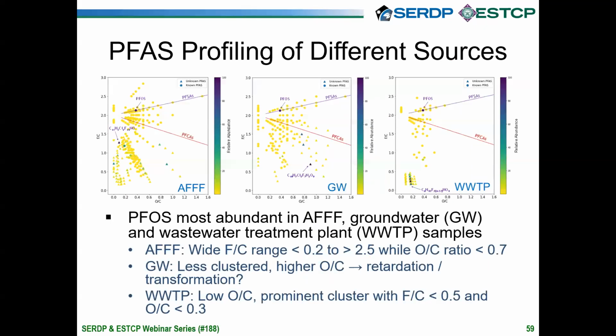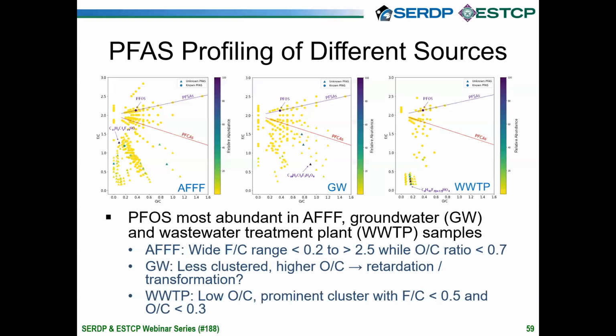I can show this here for 3 examples on this slide. For the aqueous film forming foam on the left, and again, this is just one sample. For a groundwater sample in the middle, and then for a wastewater treatment plant sample on the right-hand side. You can see that these fingerprints differ quite a bit. For the aqueous film forming foam, we have a very wide fluorine to carbon ratio range of less than 0.2 to greater than 2.5, while the oxygen to carbon ratio is smaller.